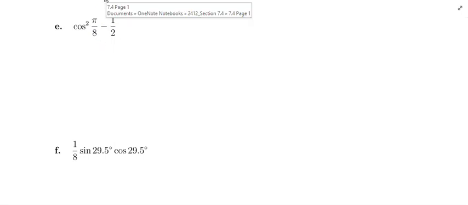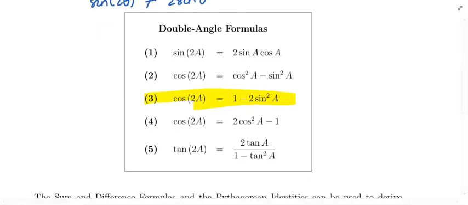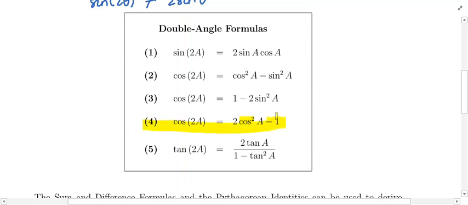If we go take a look at the double angle formulas and look at the right column, what do I see? Well, I see right here in number 4, a cosine squared minus 1. It's the one that most resembles our expression, so we're going to go with it.